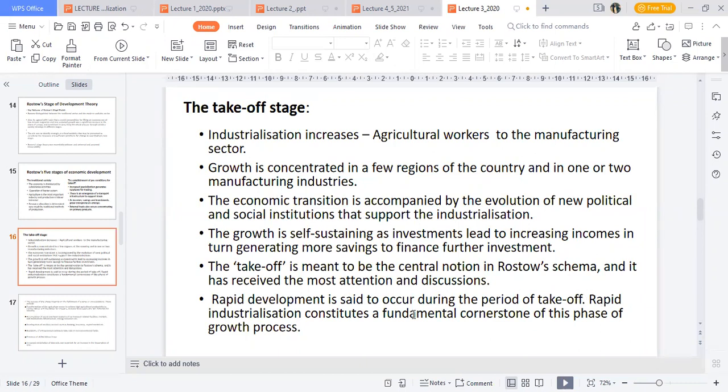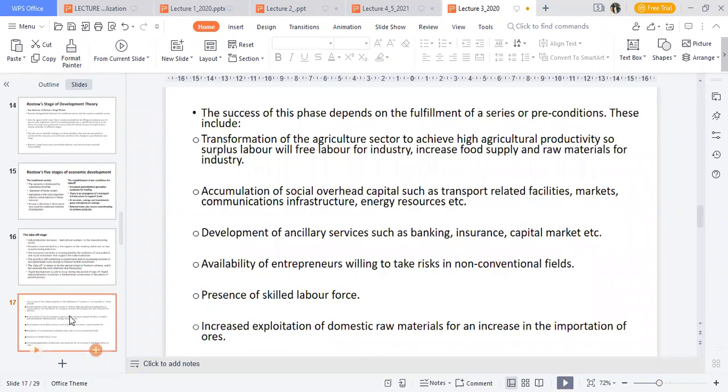Rapid industrialization forms the fundamental cornerstone of this process. The success of this phase depends on the fulfillment of a series of preconditions. These include the preconditions I was talking about earlier. Before a country can become advanced in what it is doing, it needs to satisfy some of these conditions.